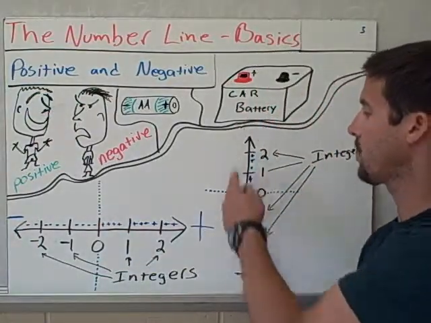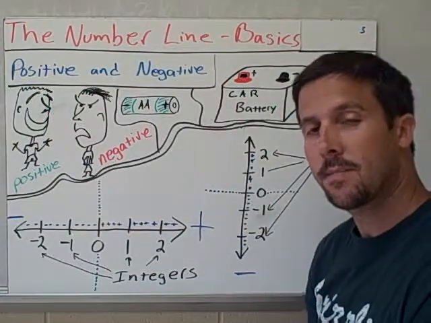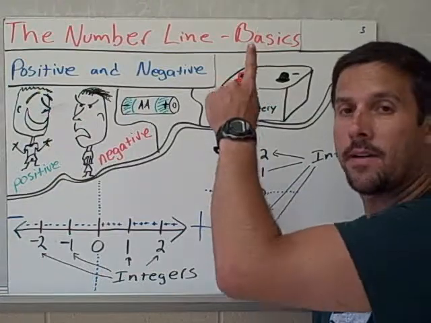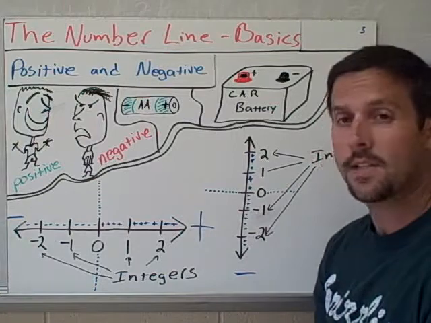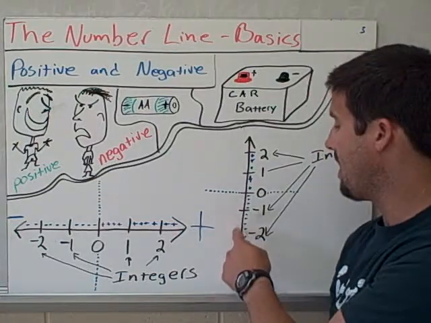We can also describe the number line as it goes up or down, because it sometimes may be easier to think about it that way. Numbers that go up are positive, and numbers that go down, or let's say below sea level, are negative.